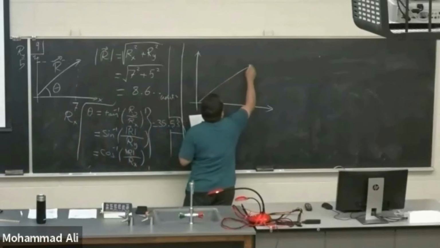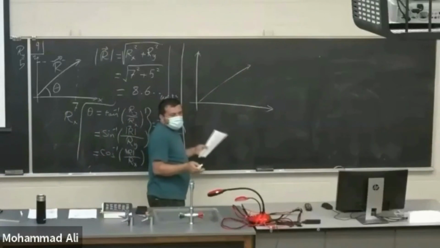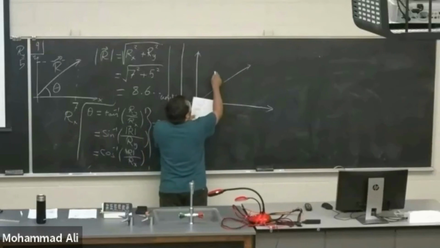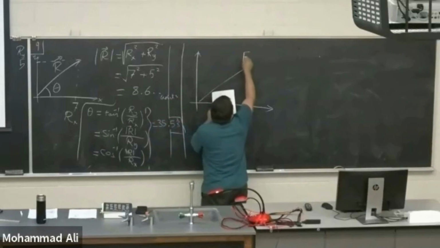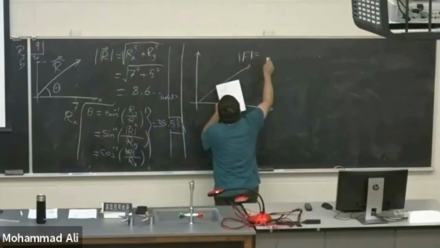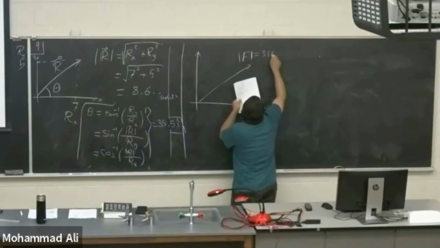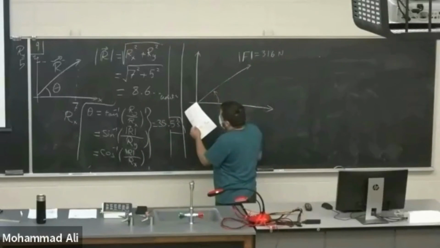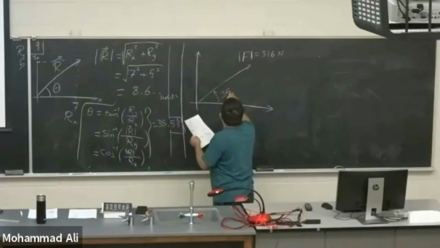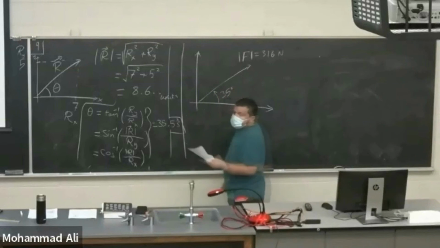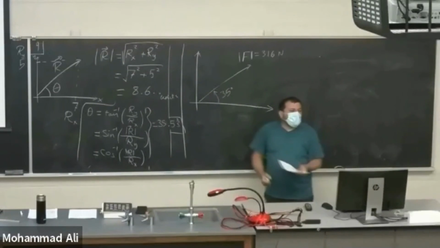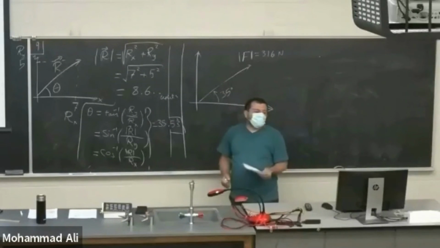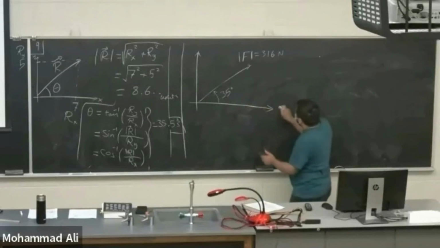We have a vector, and this vector now is F, which is a force, with units Newton. F's length is equal to 316 newtons, and theta is 35 degrees. I am now telling you what the components for X and Y are.